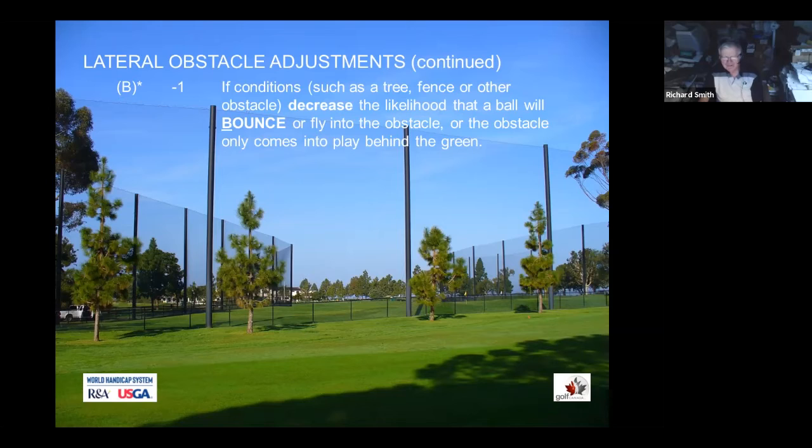You'll recall how we used to deduct 1 point from obstacles that were only behind the green, but it didn't really have an official adjustment name. They've now said, well, that will be part of this B-1 adjustment.